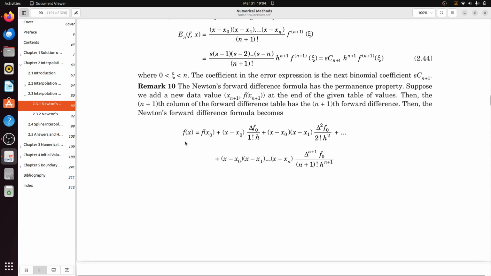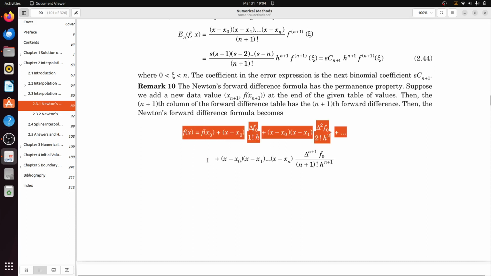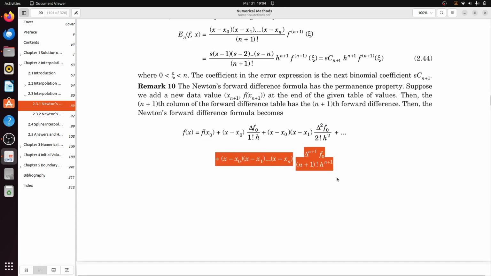This is our forward difference formula if you have n plus 1 terms. For n terms, it will consist only up to (x minus x0)(x minus x1) and so on up to (x minus x(n minus 1)) delta to the power n f0 by factorial n h to the power n.